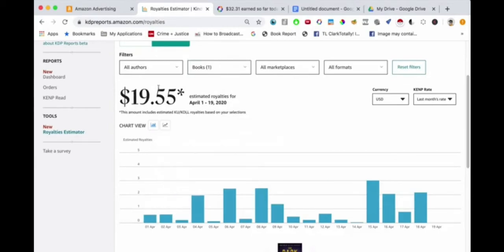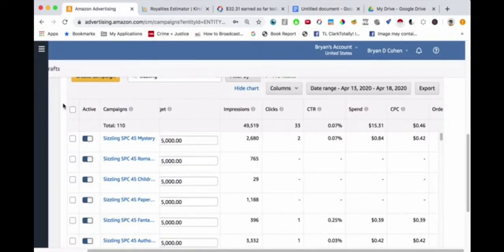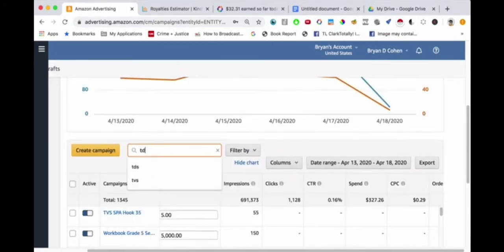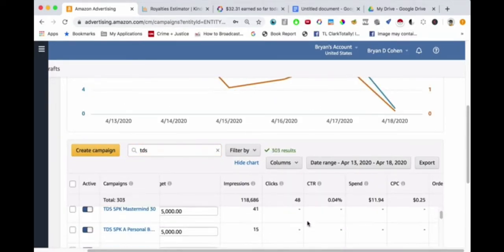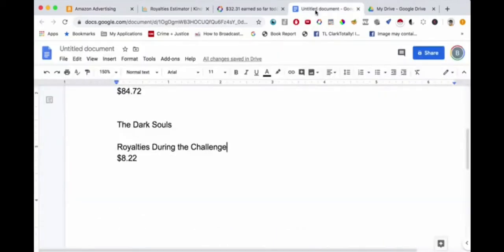So I had earned nearly $20 in the month. Before this, I earned about $11. So I would have subtracted $11 from $19.55 in order to get that $8.22. So let's go here and find my acronym, or if you used a portfolio, TDS. And so we see that my spend, which is down there, and also lives up here, was $11.94.